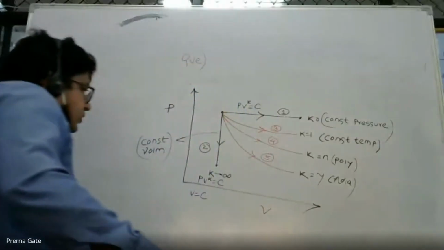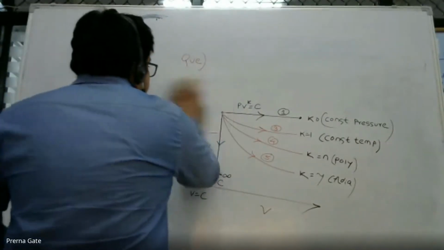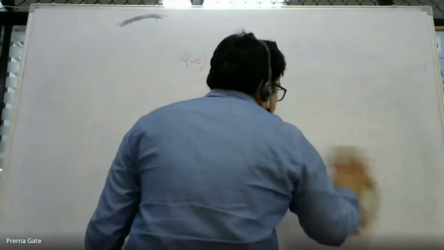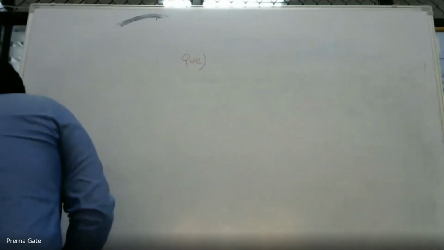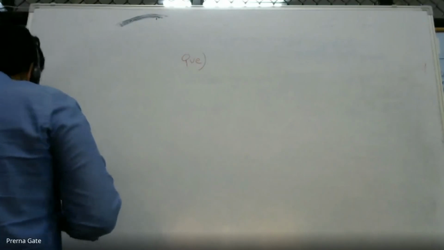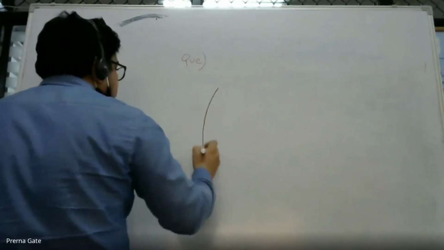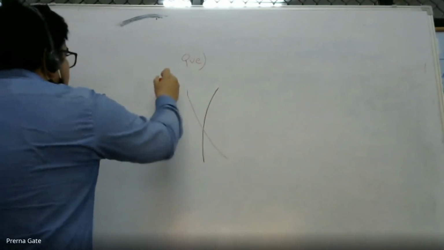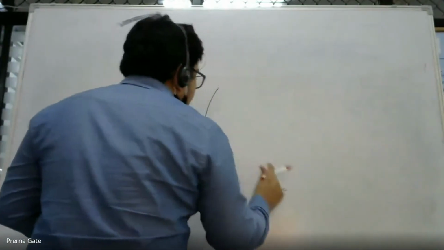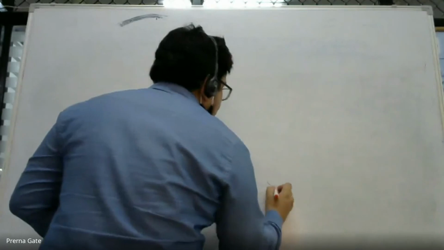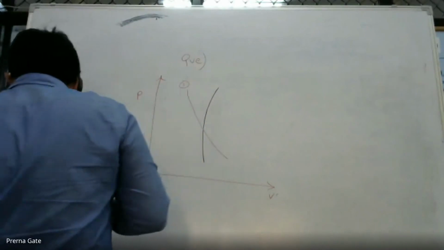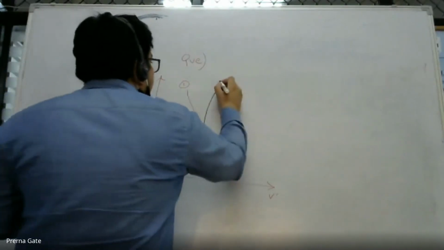So I will end our discussion with a GATE question. On a pressure volume curve, process 1 and process 2 are given.